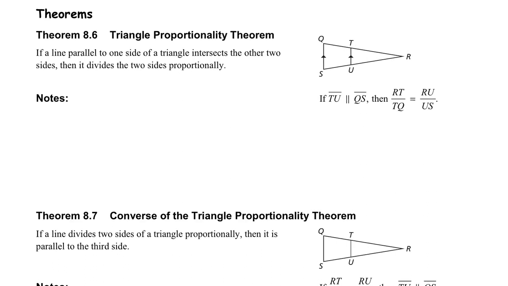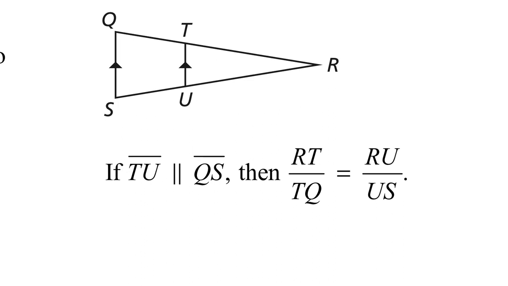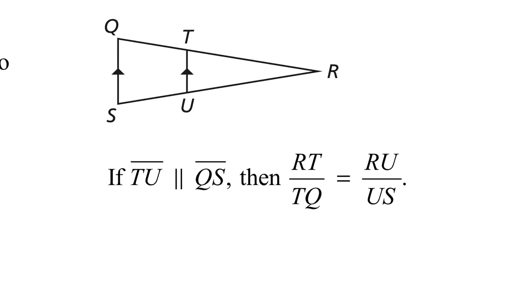So let me just zoom in a little bit more to this picture, and I'm just going to read what it says in the theorem. The theorem says if a line, which I'll show here, is parallel to one side of a triangle and it intersects the other two sides. So here's TU.